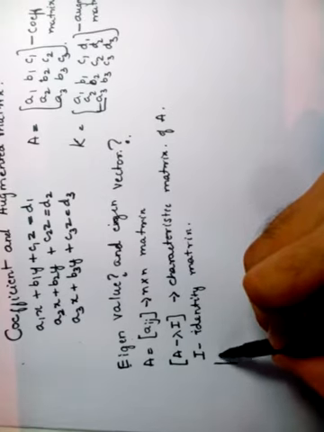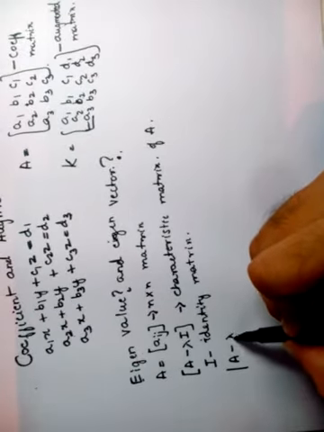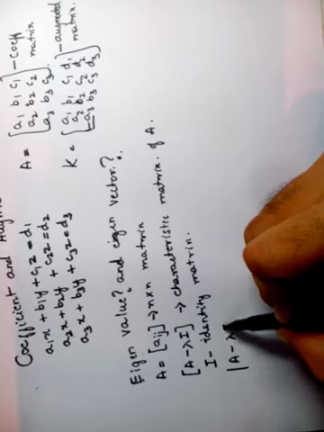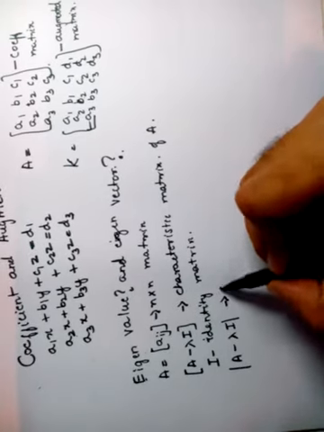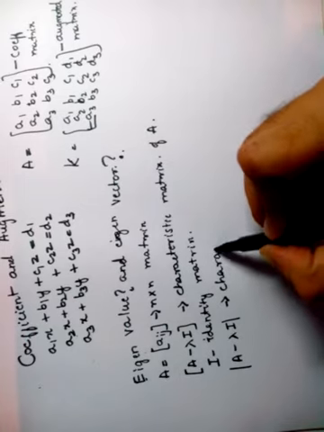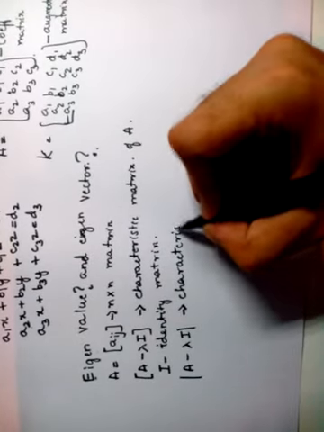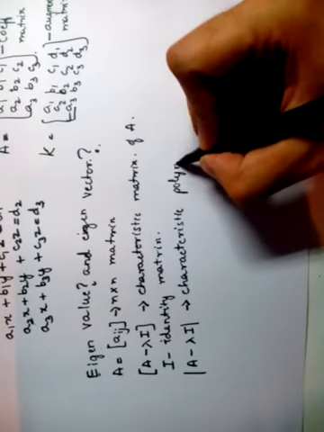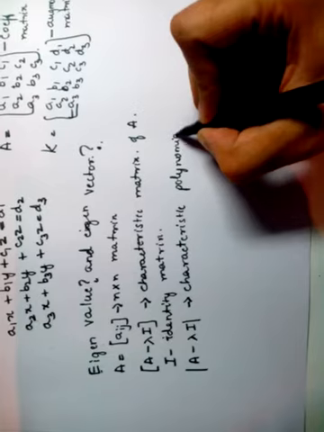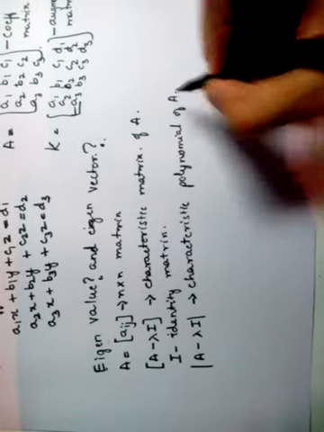Now the determinant of A minus lambda I is called the characteristic polynomial of A.